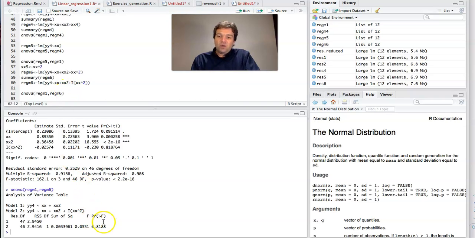In this case, we see that we have very similar residual sums of squares, which means that we don't have to insert this square of a covariate at all. The p-value is very high here. That means that we don't have to insert this power of the age.